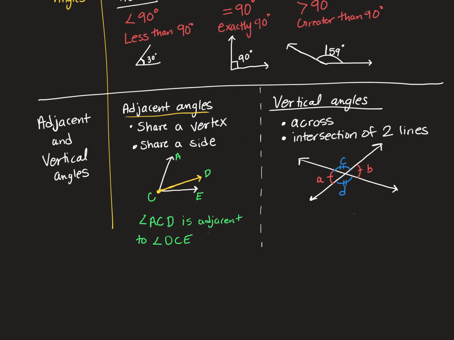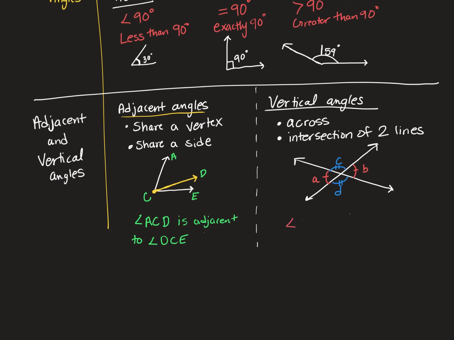Okay, so angle A and angle B are vertical angles, which means that they're congruent.